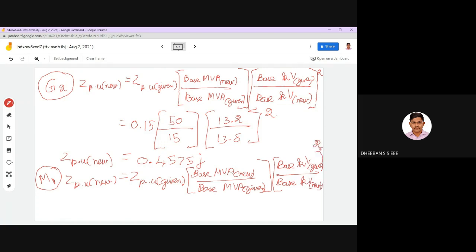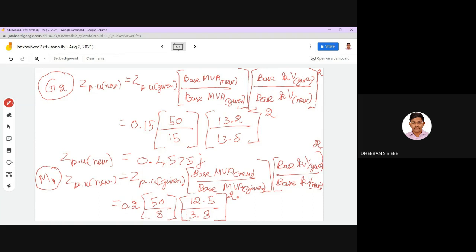After substituting, you will put 0.2 into 50 by 8 into 12.5 by 13.8, the whole square.